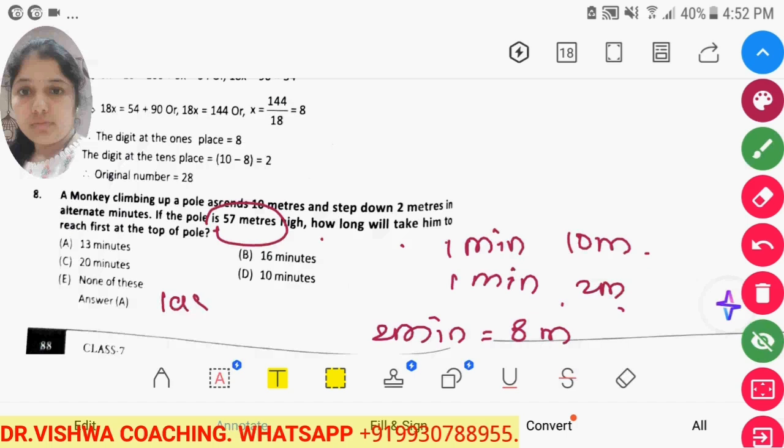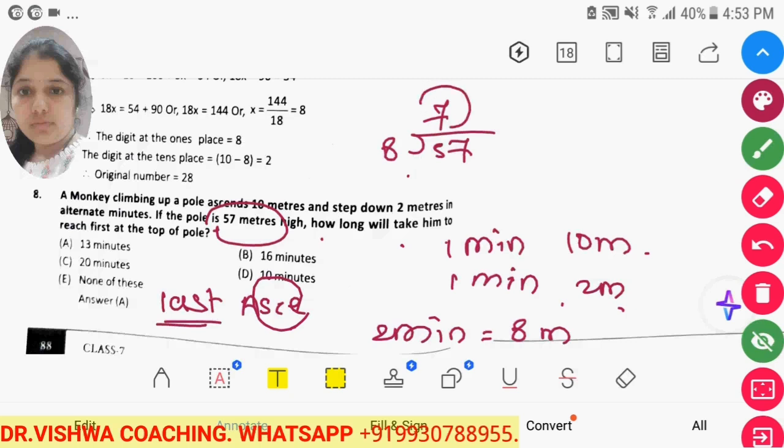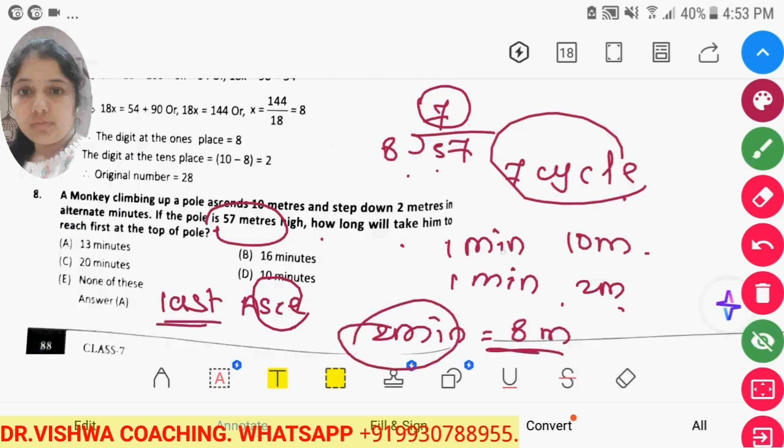So how long will it take to reach the top of the pole? Now when he last ascends, he doesn't step down. If you divide 57 by 8, 8 sevens are 56, remainder 1. 8 sevens are 56 means 7 cycles it will take to ascend and descend, because in 2 minutes he travels 8 meters. Now the last descent he will not take.